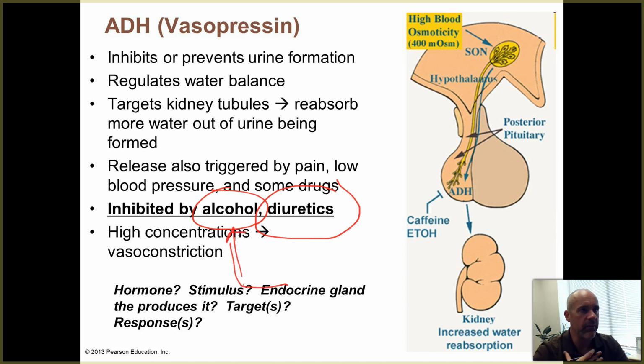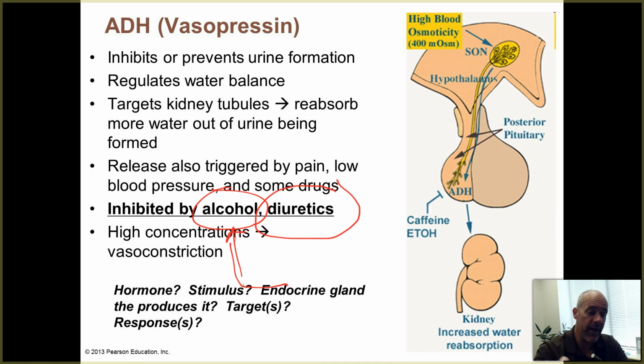Now I know none of you would have any experience with this, but maybe you know somebody who from time to time drinks a little alcohol, and their frequency of urination goes up a lot. It doesn't even take a lot of alcohol. A fairly low level of alcohol will cause you to pee a whole lot more.